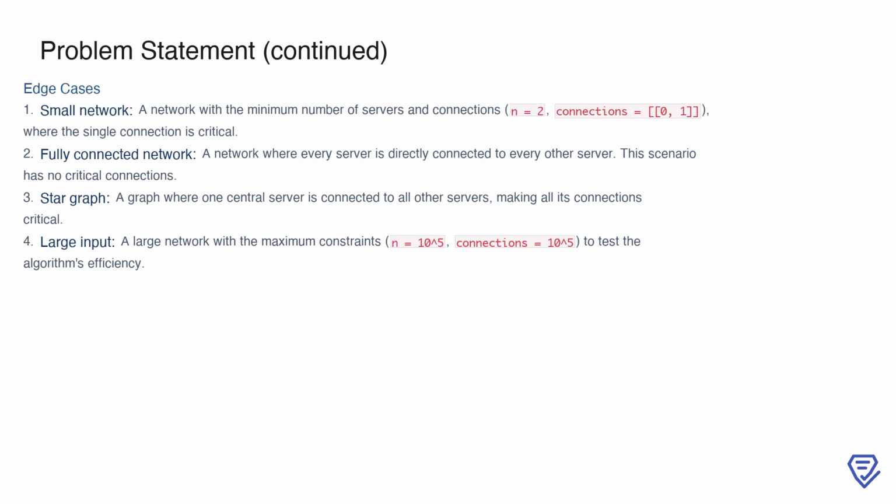For a star graph, like the one we just discussed, all connections from the central server are critical. Additionally, for large networks with the maximum constraints, the algorithm must handle up to 100,000 servers and connections efficiently. These examples and edge cases illustrate the variety of scenarios this problem can encompass, from simple to highly complex networks.